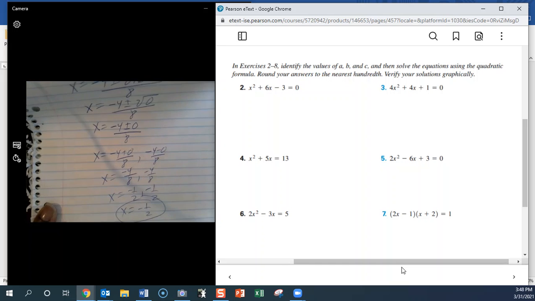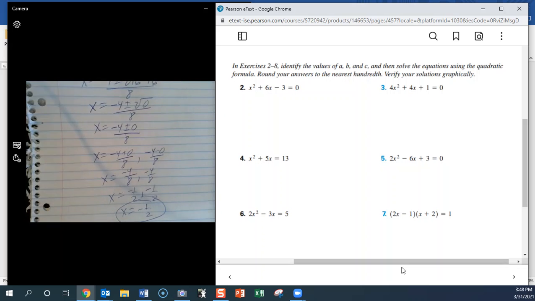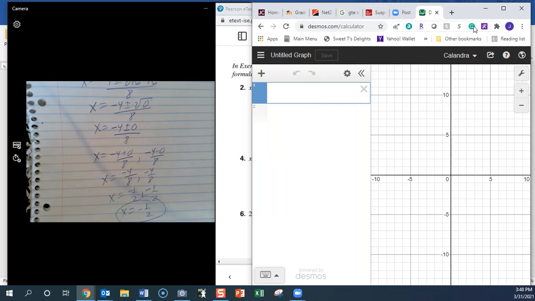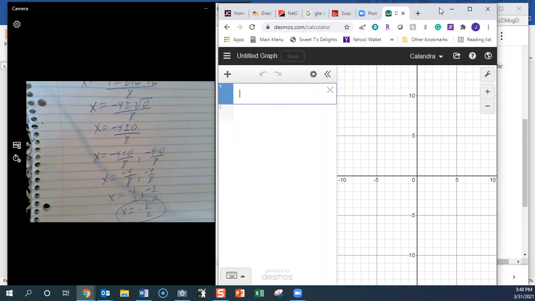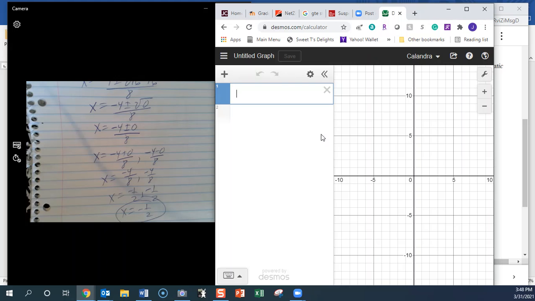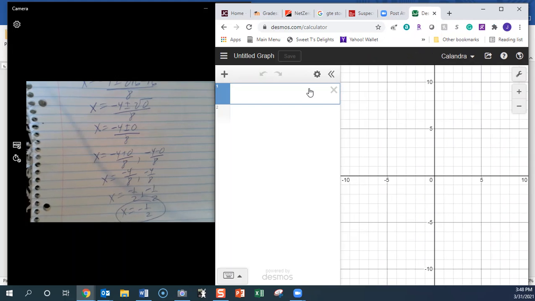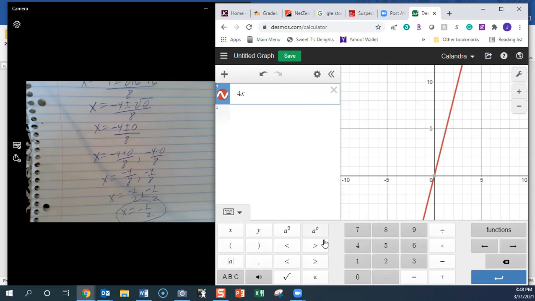Now, we want to prove this graphically as well. So we need to grab the Desmos calculator. What we have here, we will type in the equation, 4x squared plus 4x plus 1.